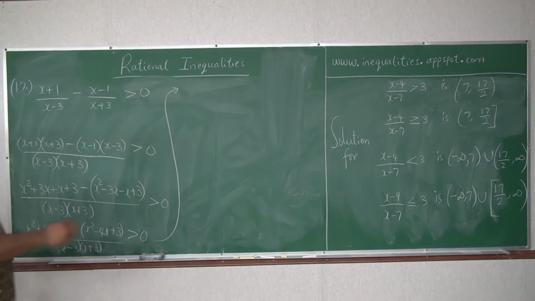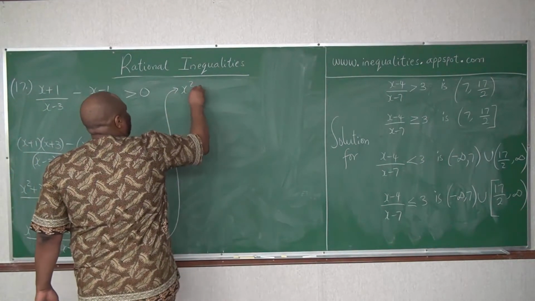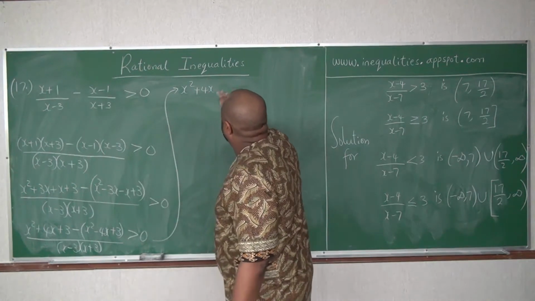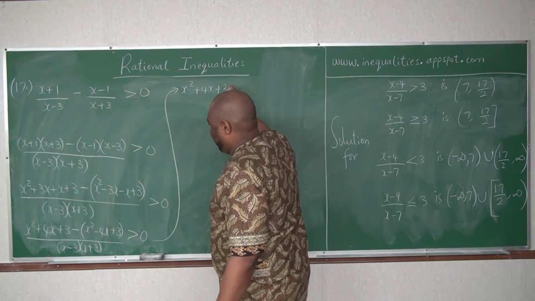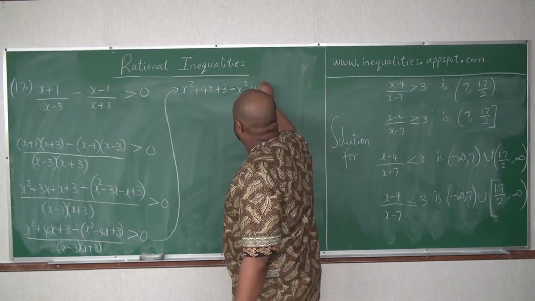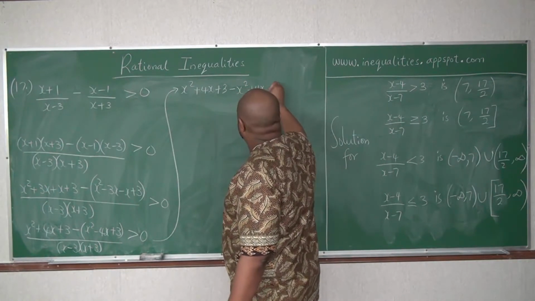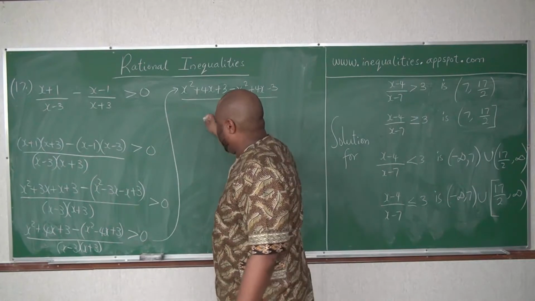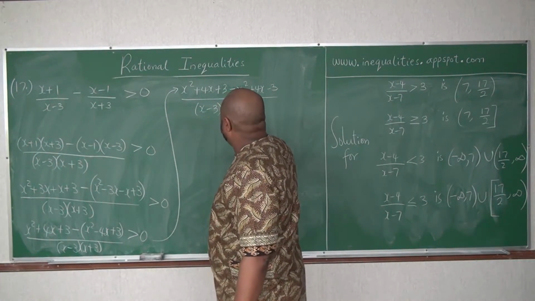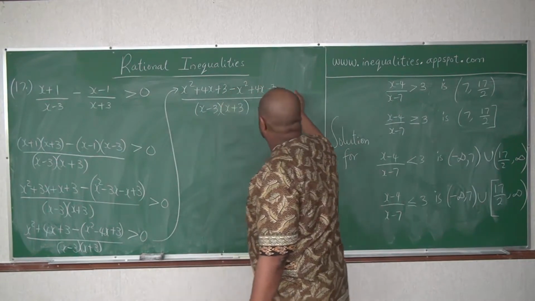We distribute the negative: x squared plus 4x plus 3, minus, x squared plus 4x minus 3, all over x minus 3 times x plus 3, is greater than 0.